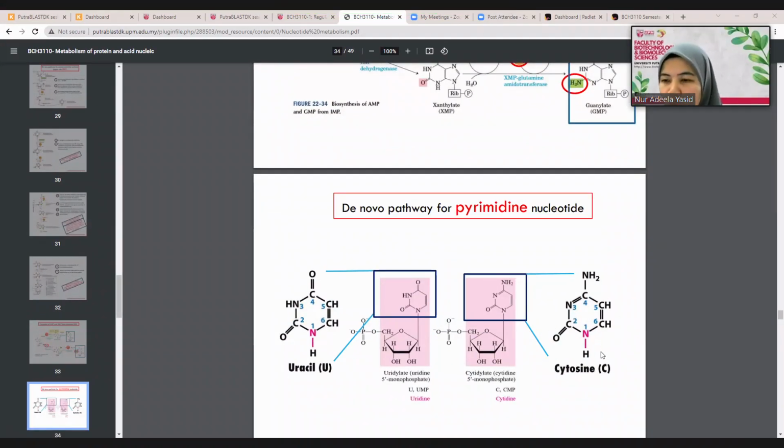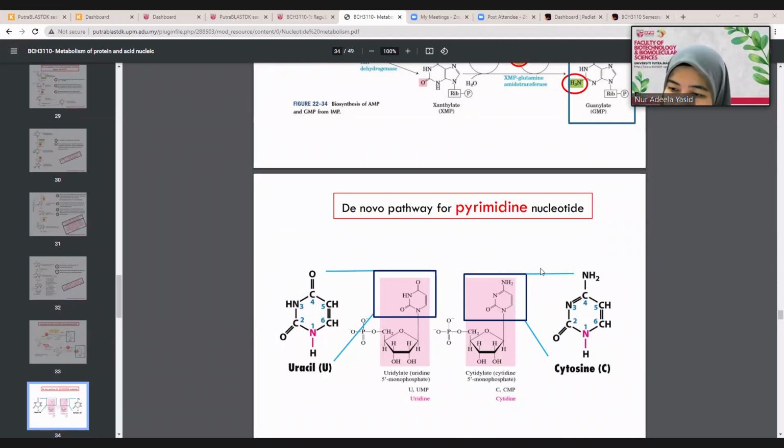Now let's look at the difference in the de novo pathway for pyrimidine nucleotides. We know pyrimidines consist of uracil and cytosine, or uracil and thymine. This is the structure of uracil, and this one is for cytosine.